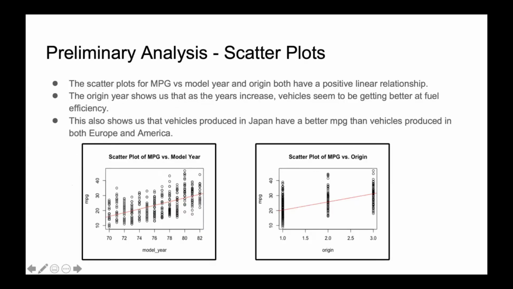The scatter plots for miles per gallon versus model year and origin both have a positive linear relationship. The model year shows us that as the years increase, the vehicle gets better fuel economy. And from the origin, we can see that cars produced in Japan have better miles per gallon than those produced in Europe and America.